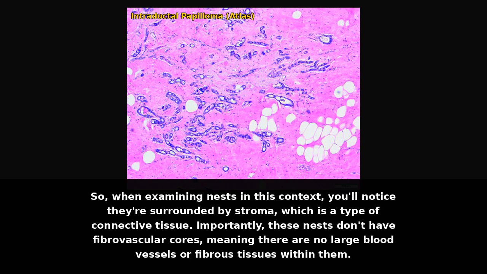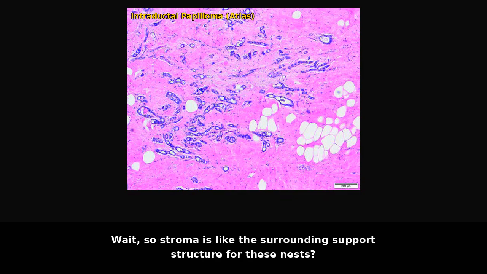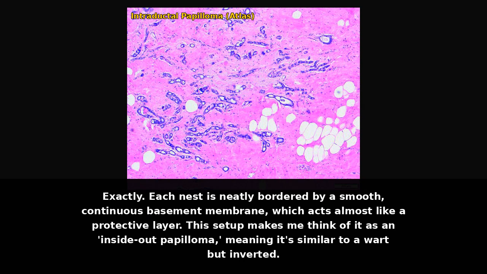So when examining nests in this context, you'll notice they're surrounded by stroma, which is a type of connective tissue. Importantly, these nests don't have fibrovascular cores, meaning there are no large blood vessels or fibrous tissues within them. Wait, so stroma is like the surrounding support structure for these nests? Exactly.